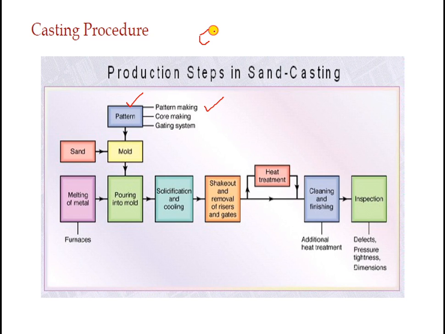So the cavity is of this particular shape, so that can be manufactured if it has a structure like this one. Here is the center line, and some cavity is available here.